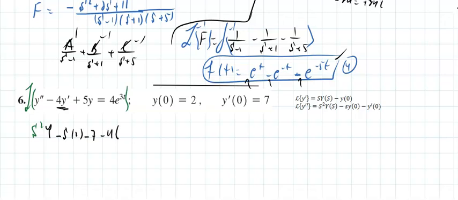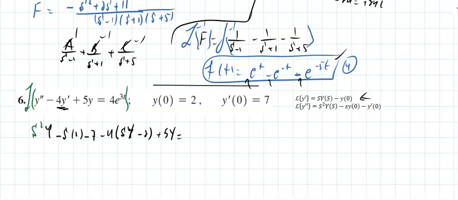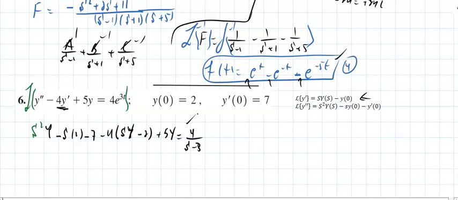Make sure to put the 4 in front of the whole thing. S times Y minus y of 0, which is a 2, plus 5 capital Y equal 4 over s minus 3. Now you could just put the 4 at the end. That's not an issue.